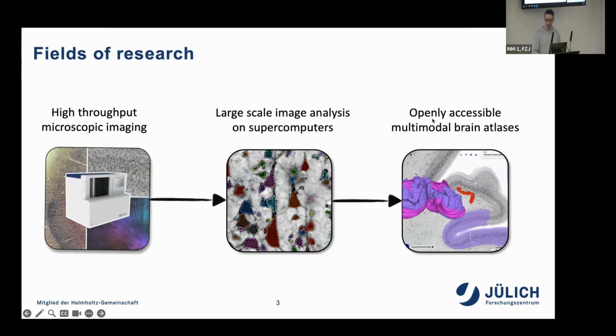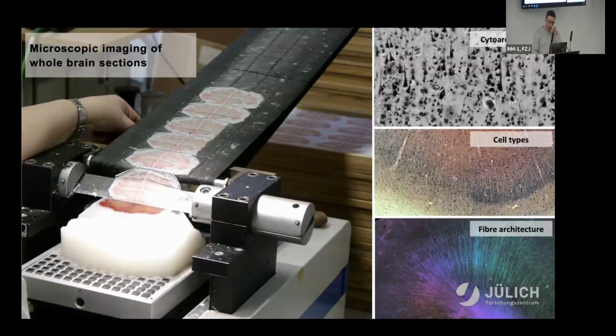And the thing on the right is what I will be mostly talking about here today and check out with you guys. So I'm not sure if you have seen such things, maybe in the talk by Nicola, but the data that we are most interested in is mostly coming from histological imaging. So we are cutting donor brains in thin slices and then imaging them under microscopes with different modalities.